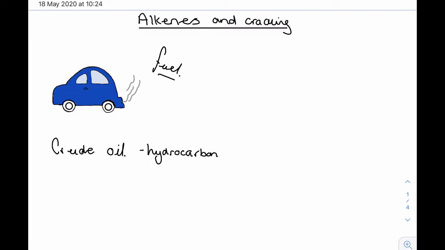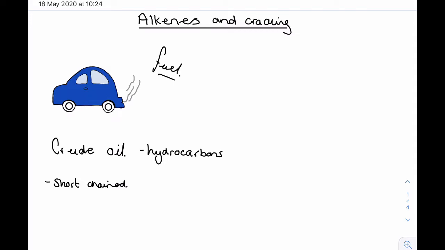So that's hydrogens and carbons bonded together. And the shorter chain hydrocarbons, so the really short ones, are really useful for us to use as fuels.